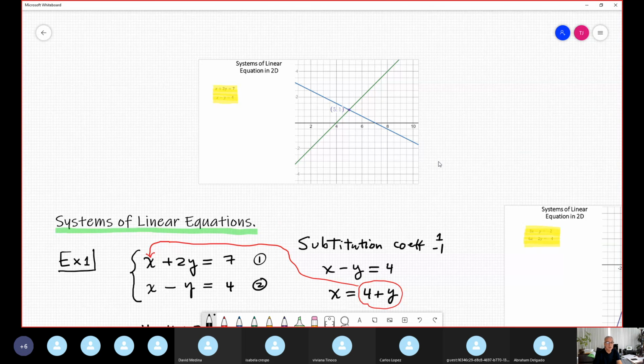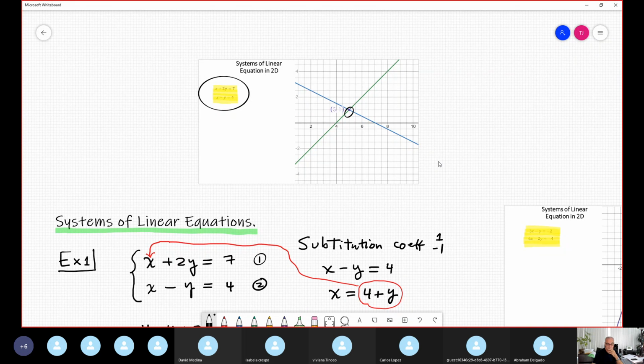Look, this equation is this equation. Each equation represents a line in 2 dimensions. And for example, equation 1 is the blue and equation 2 is the green. The intersecting point is the solution, which is the point (5, 1).